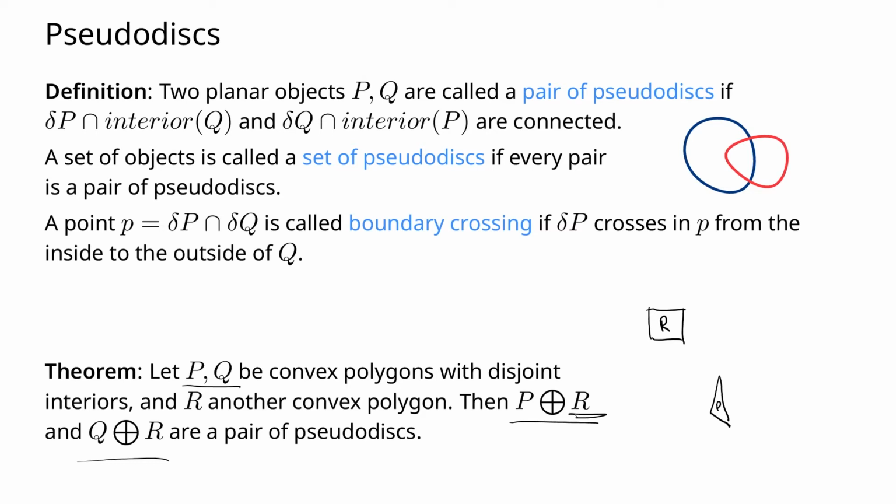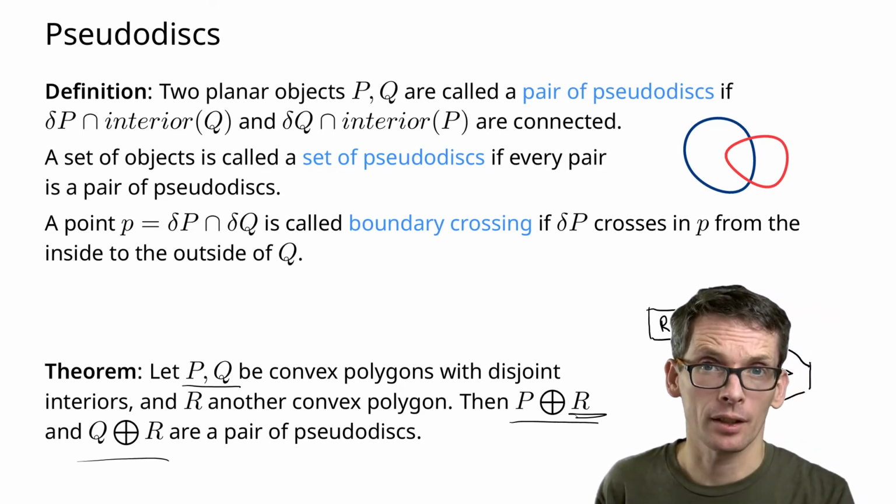Now the Minkowski sum might be something like this. And if I now have Q, let's say like this, then the Minkowski sum with R will look something like this. And as you see, the boundary here is connected and the boundary here is connected.